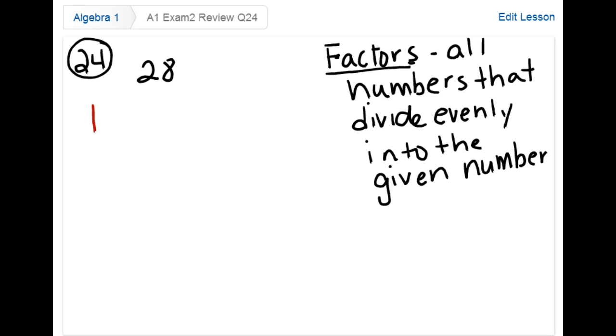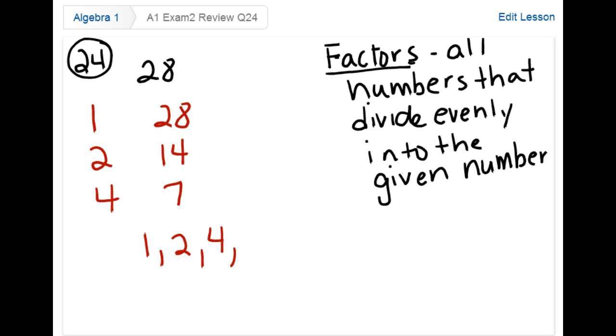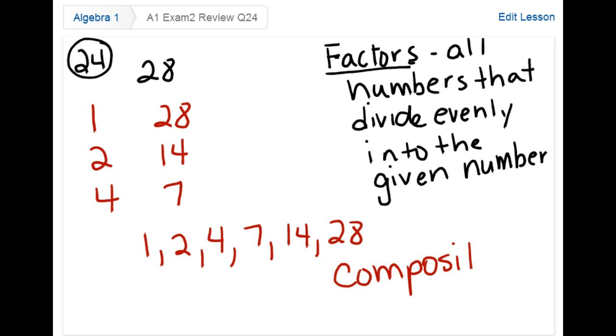Well, we can do 1 times 28. 28 is also 2 times 14. 4 times 7. So our factors are 1, 2, 4, 7, 14, and 28. And this is a composite number because a prime number has only the factors 1 and itself.